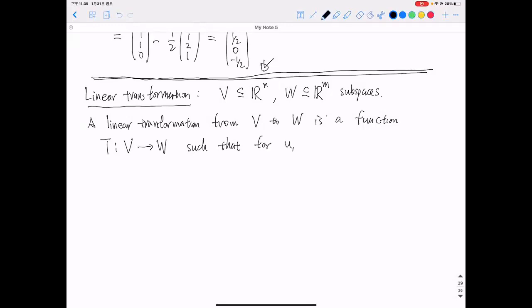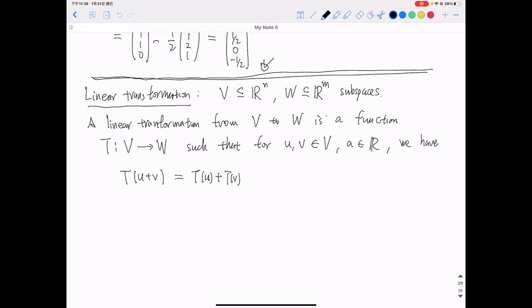For U, V in V, and A in R, we have T of U plus V. Having two vectors in V, I can certainly consider U plus V, and the function T will take it to something in W. I can also consider T of U and T of V. Both are vectors in W, and I can ask for the sum.